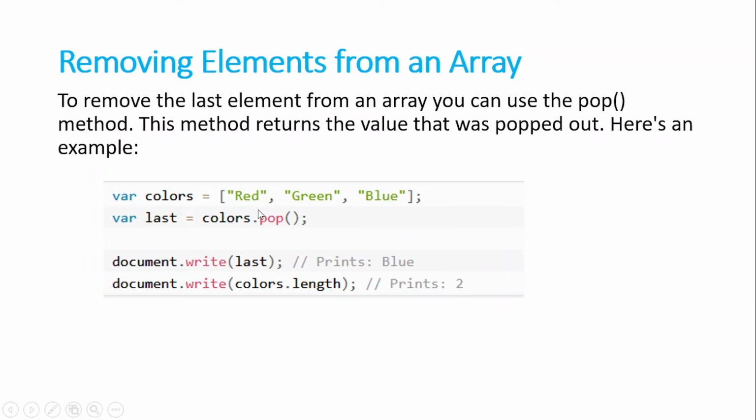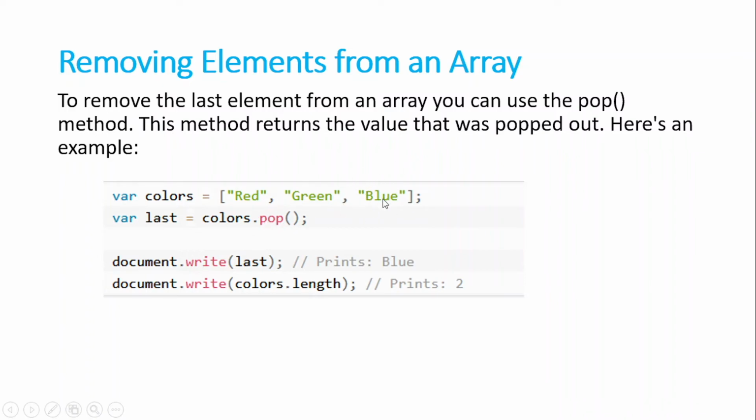How to remove elements from an array? It is very easy to remove elements. We use the pop method. This pop method allows us to remove the last array item. This method returns the value that was popped out. So when we use this colors.pop, it returns the value that is removed by this method.